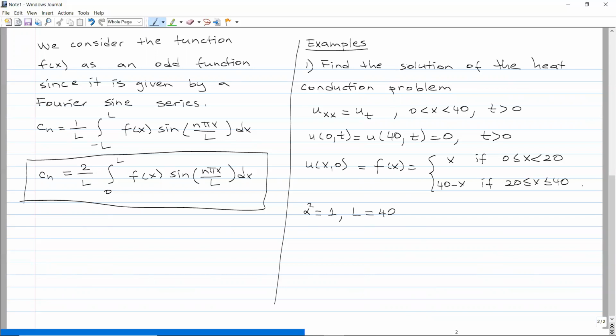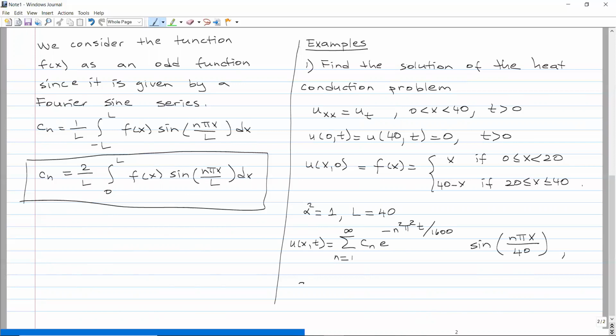I think that's all. So we know that u is given as this infinite sum, n from 1 to infinity, C_n e to the power minus alpha squared, which is 1, n squared pi squared t over L squared, which is 1600, times sine of n pi x over L. L is 40.